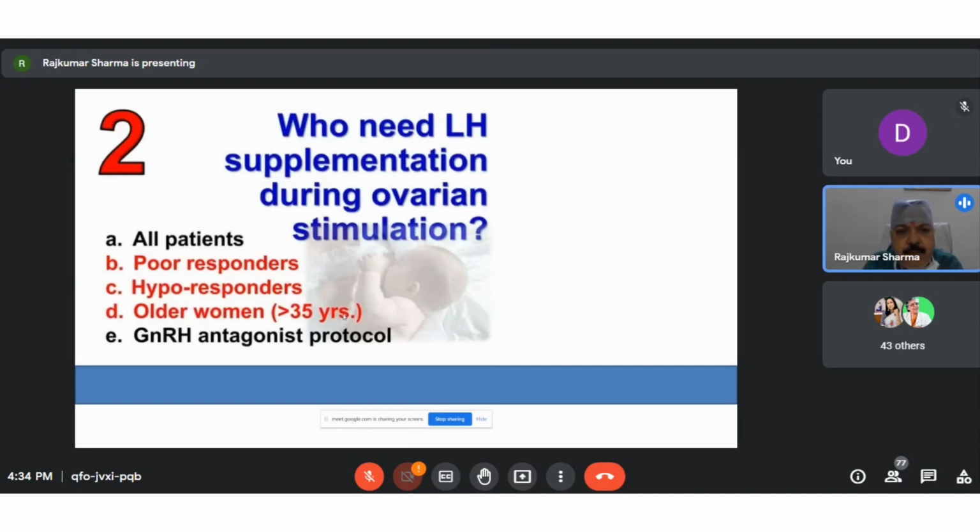So in a nutshell, finally we have come to the conclusion: LH supplementation is required in the poor responders, in the older women, and also in unexpected hyper-responders. They would be the ones to benefit by giving LH, while all other patients, in any other protocol, agonist or antagonist, would not require LH supplementation.